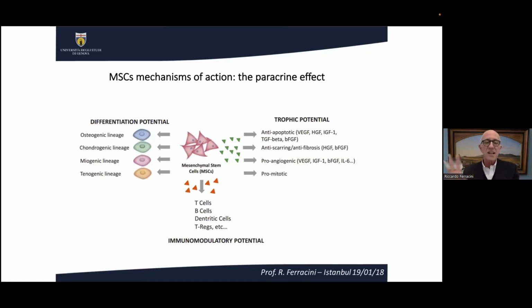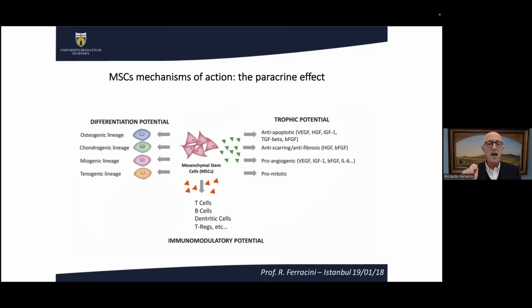The factors that are released change depending on where the cells are. So if you put mesenchymal stem cells into fat, they have a pattern of release. If you put them in the joint, they have another pattern.